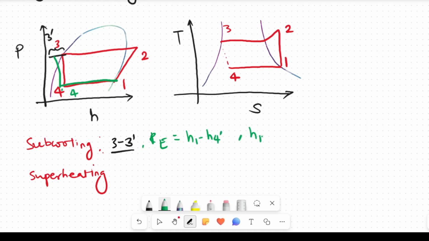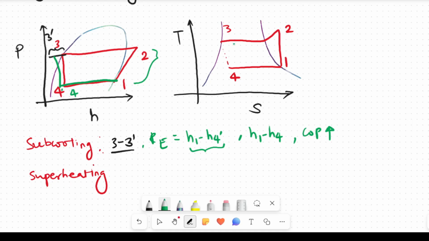Previously, it was H1 minus H4. The length of the line is more. It means that more heat is absorbed in the evaporator. It means that the system is absorbing more heat, keeping the work input same. Okay, so this is called the subcooling process. It means that the COP will increase in case of subcooling.